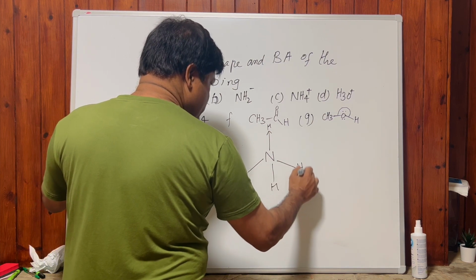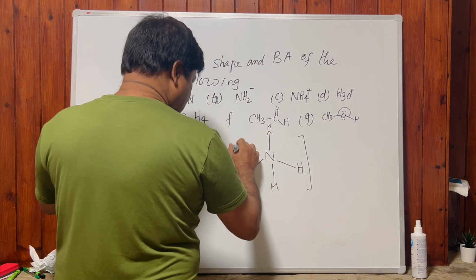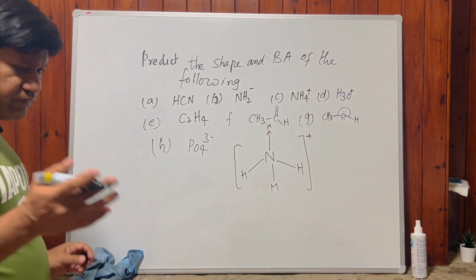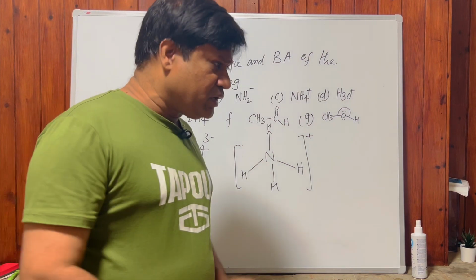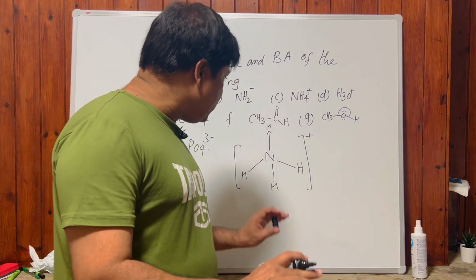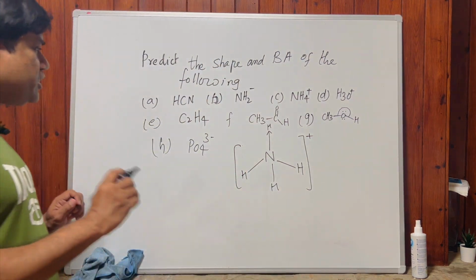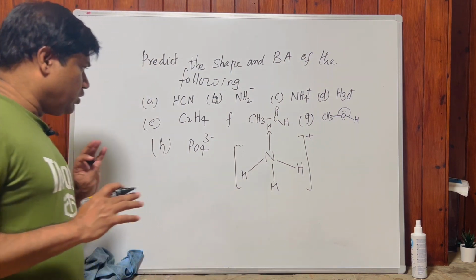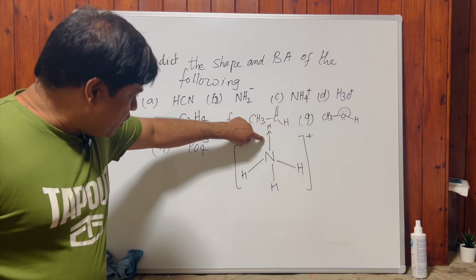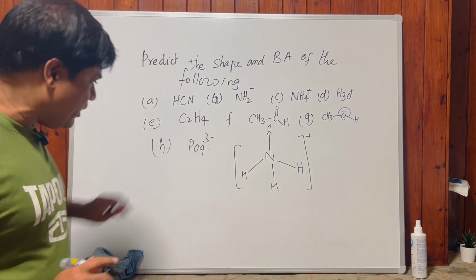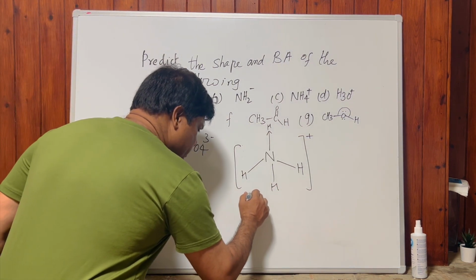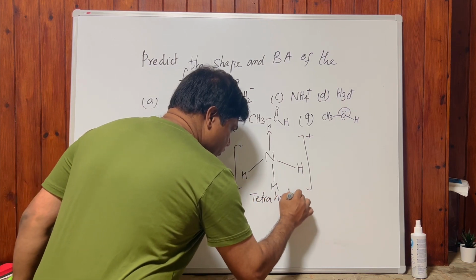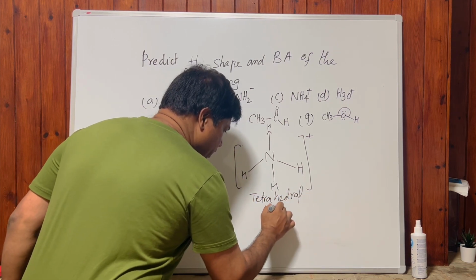The positive charge is overall, and even though it is present on the central atom, it won't cause any deviation in the bond angle or any change in the shape of the molecule. Four bonded pairs of electrons, no lone pair. Shape is tetrahedral. Bond angle 109.5.